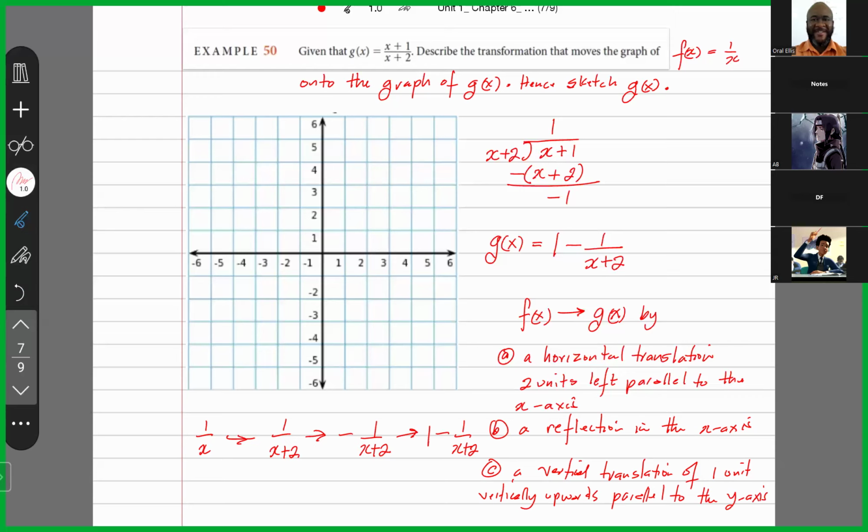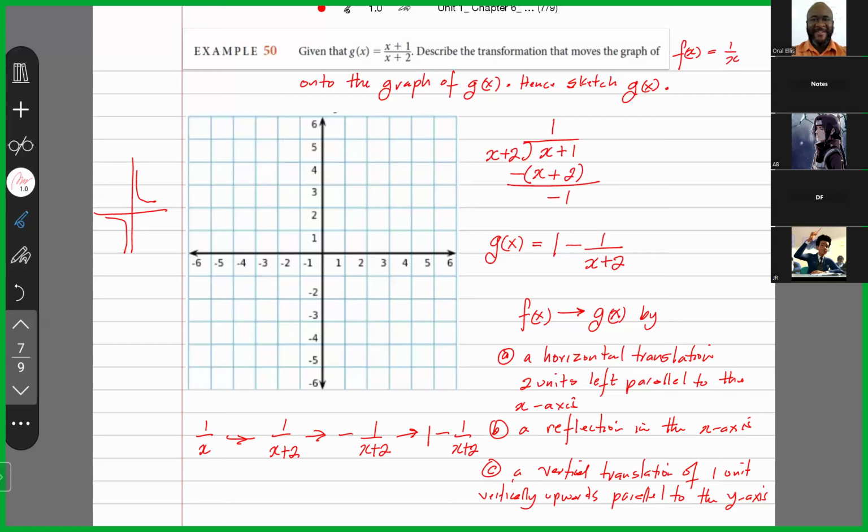Those are the 3 transformations that move the graph of f of x equals 1 over x to g of x, which is 1 minus 1 over x plus 2. Remember the graph of 1 over x looks like this, where the x-axis and the y-axis are your asymptotes.